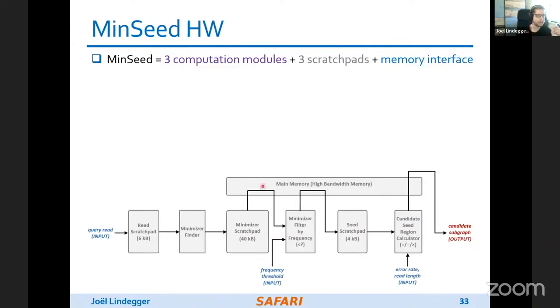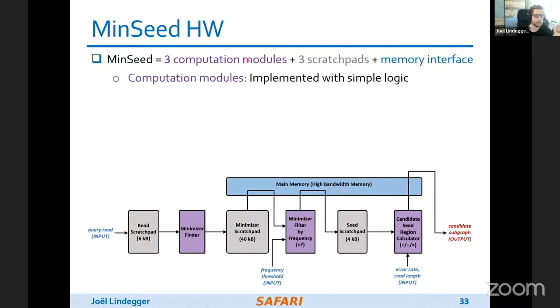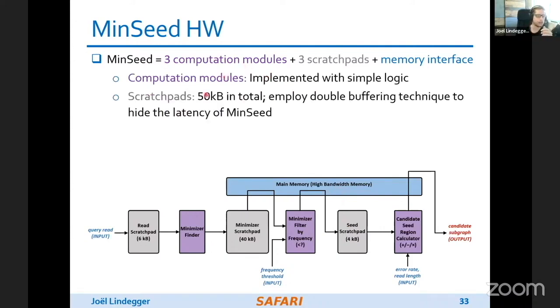So MinSeed consists of 3 computation modules, then some scratchpads in between, and some memory interfaces to query the index. Now the computation modules, they're not just logically easy tasks, they're also cheap to implement in hardware. And then these scratchpads are fairly manageable. So if you look at their sizes, it's just about 50 kilobytes. That's really acceptable in terms of footprint.